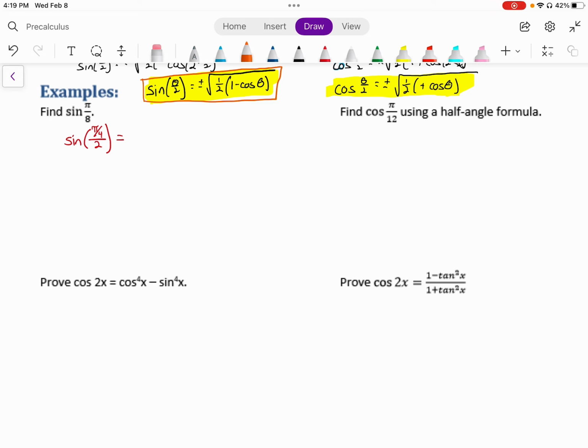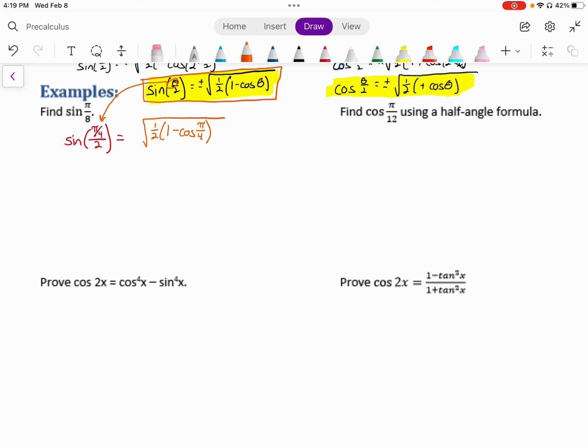Theta is pi over 4. And so now I'm going to do the square root, and I'll talk about the plus or minus in a minute, of 1/2 times 1 minus cosine of theta, which is pi over 4.